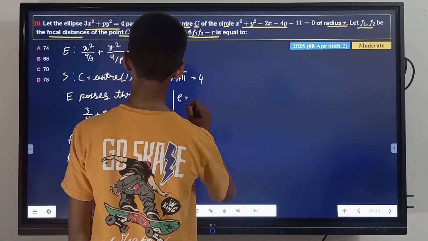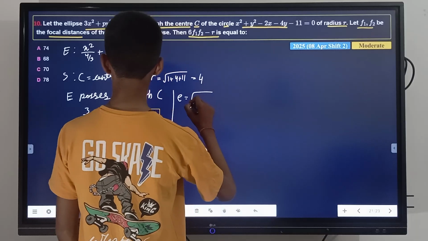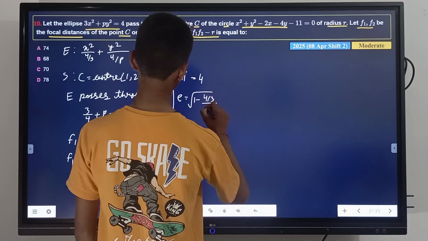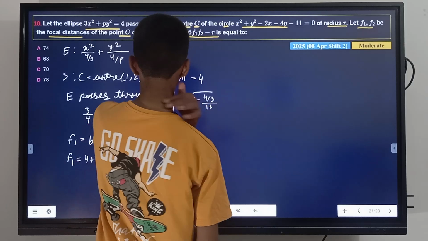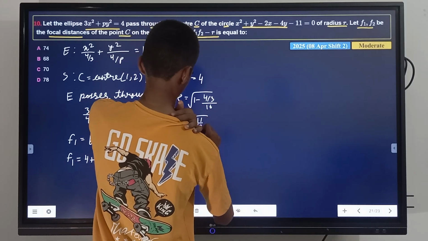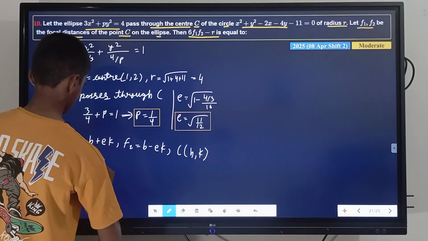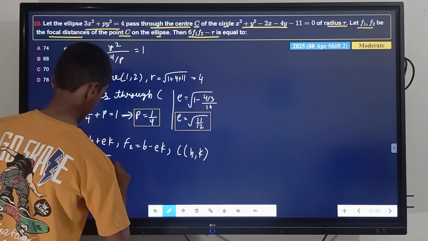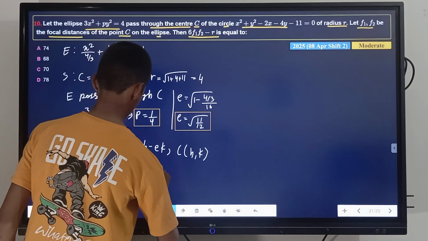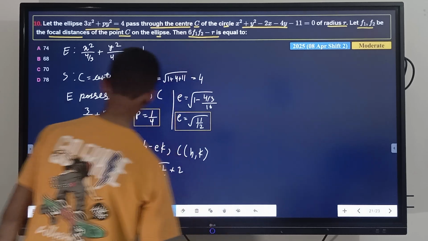Eccentricity is equal to under root of 1 minus 4 by 3 upon 16. So our e is equal to root of 11 by 12. Under root of 11 by 12 into 2 is 4 minus under root of 11 by 12.